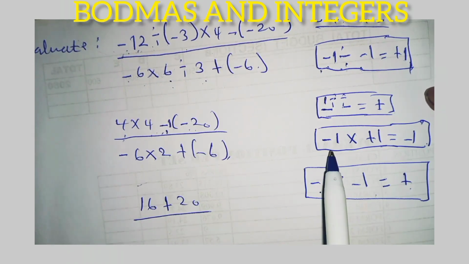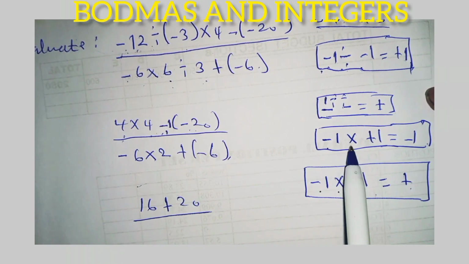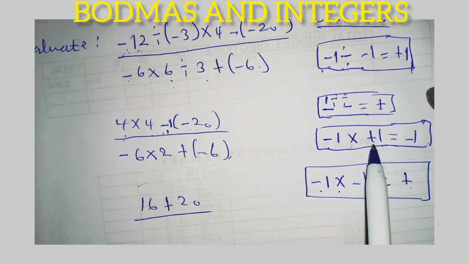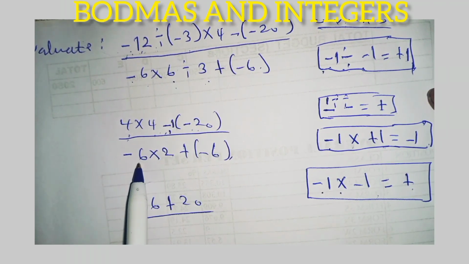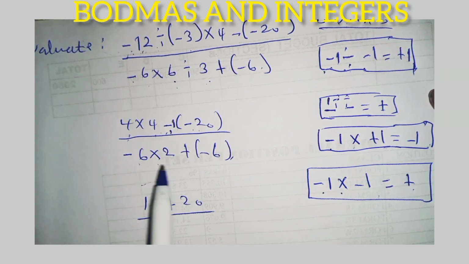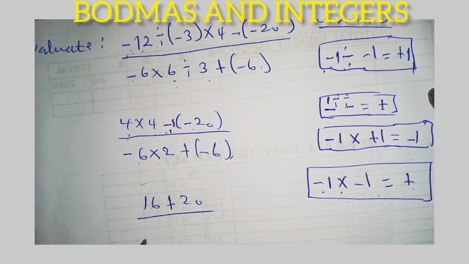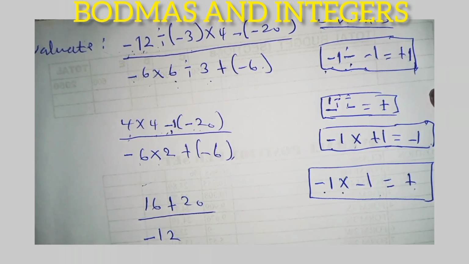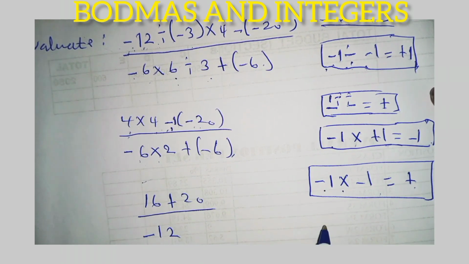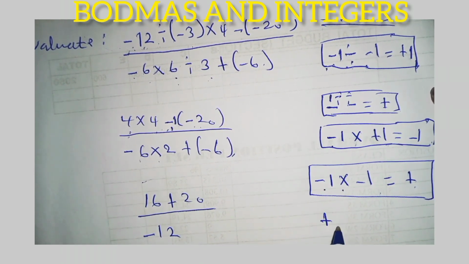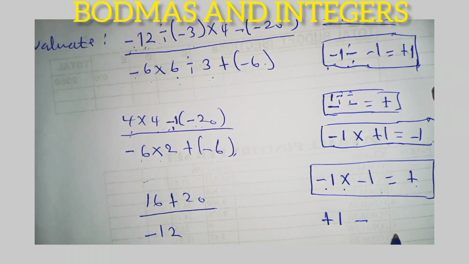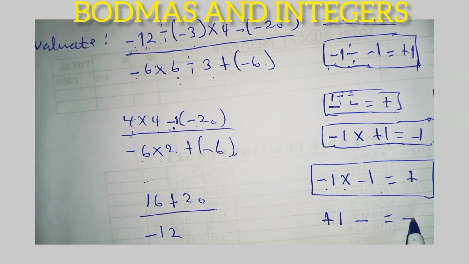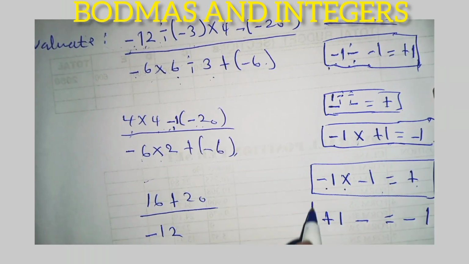So here we have seen that negative times positive, the answer is negative. So negative 6 times 2 will give you negative 12. Then note this, positive 1 followed by negative, the result is always negative 1.